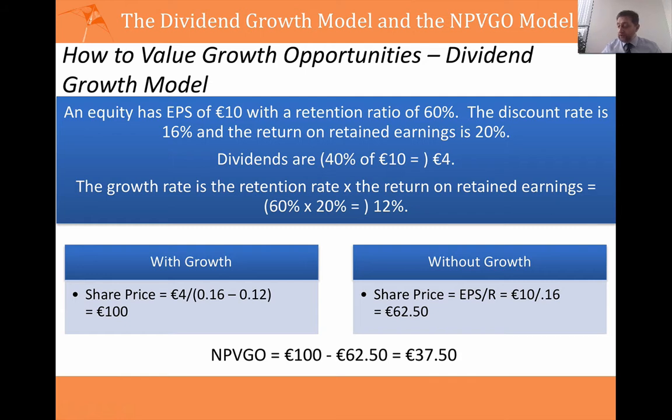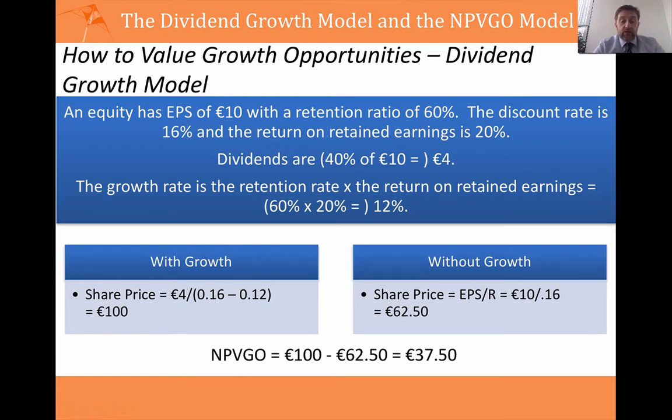So the growth rate is equal to the retention ratio, which is 60%, multiplied by the return on the retained earnings, which is 20%, which gives us a growth rate in dividends of 12%.